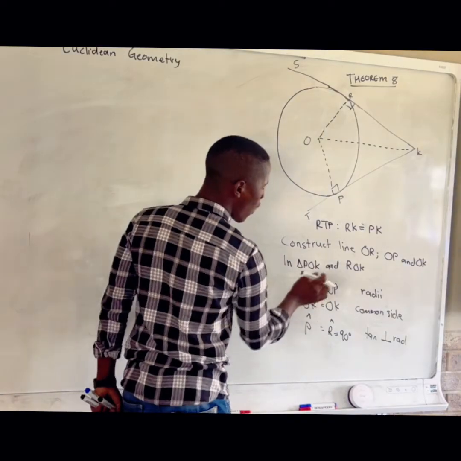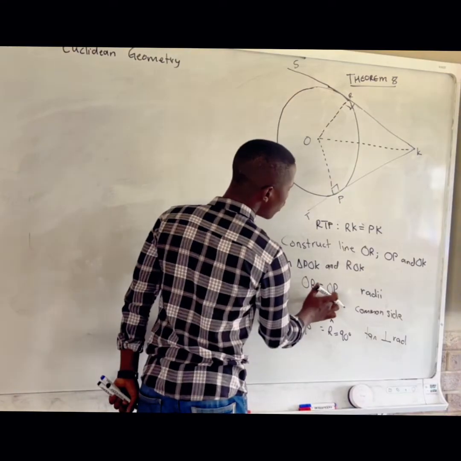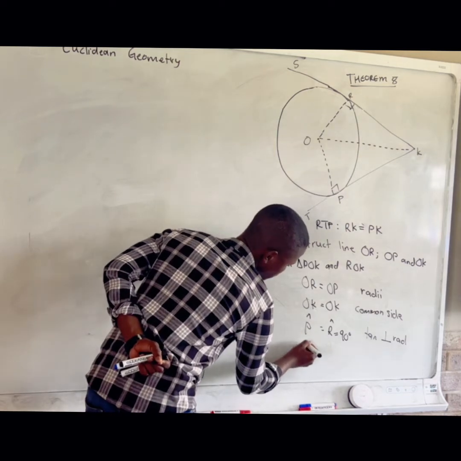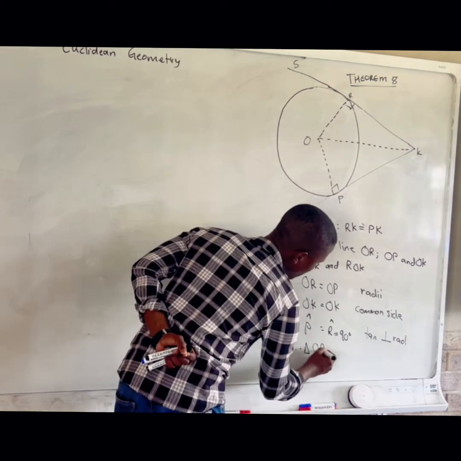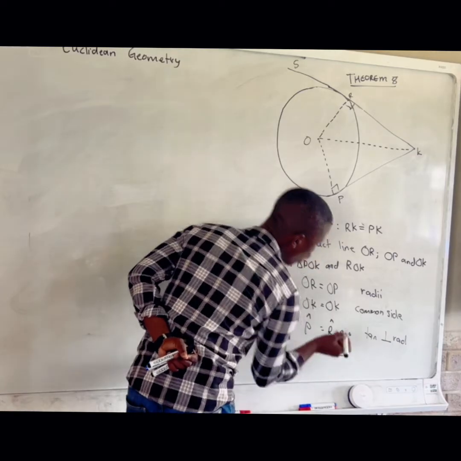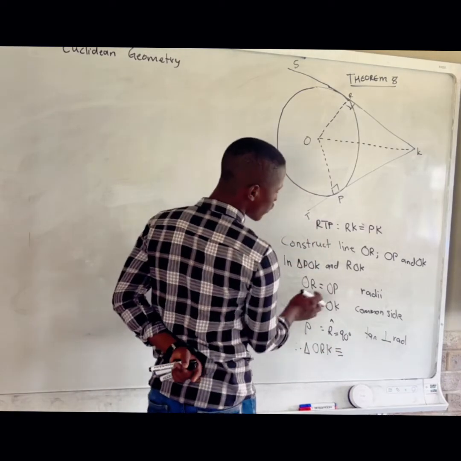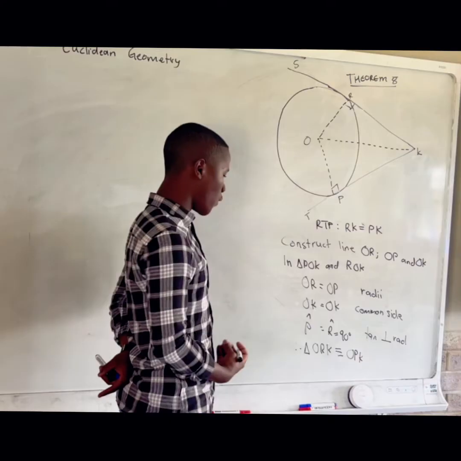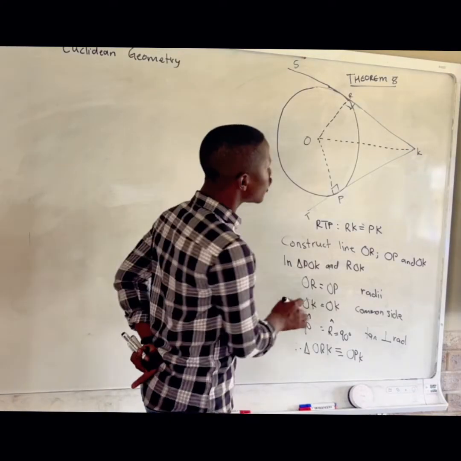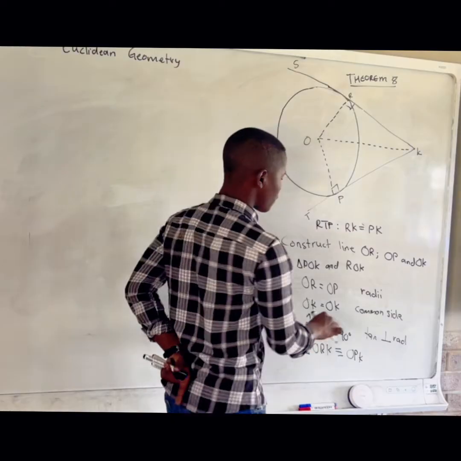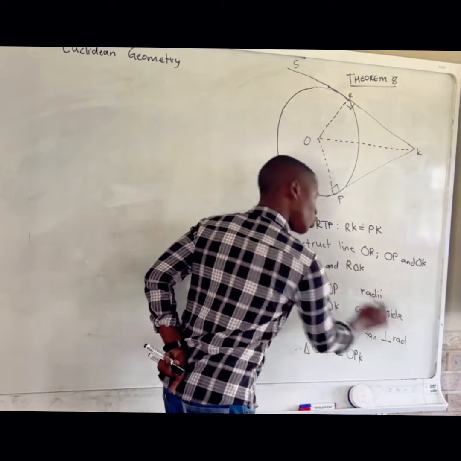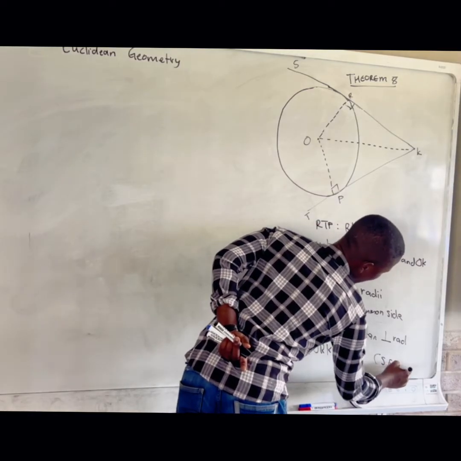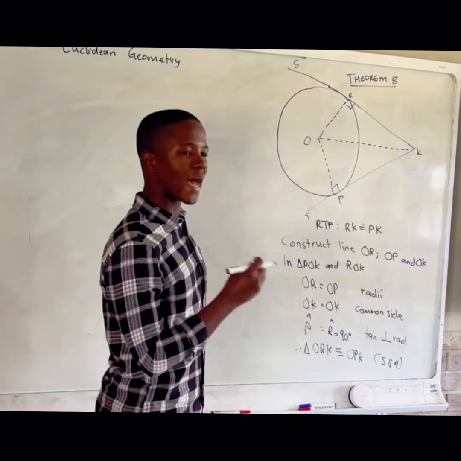You started with OR, then K, and here with OP, then K. So similarly you are going to say, therefore, triangle ORK is congruent to triangle OPK. The reason is side, angle.